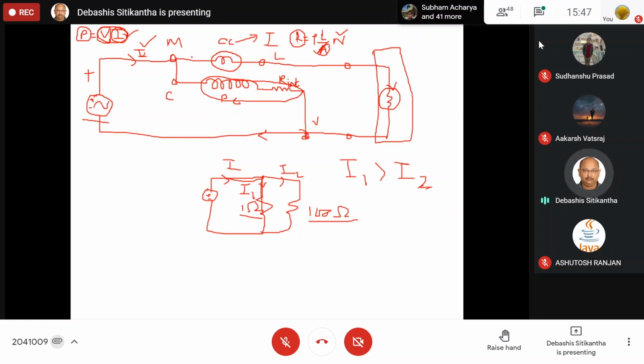If this is the case, it doesn't matter whether we connect it over here or directly over here, because it has a very small resistance. So this is not going to alter the placement of the pressure coil, whether we place it over here or over here, it doesn't matter.